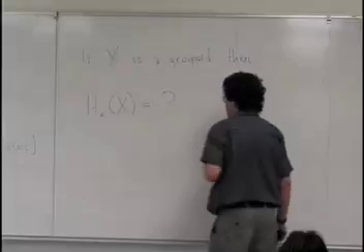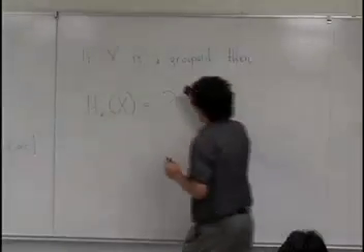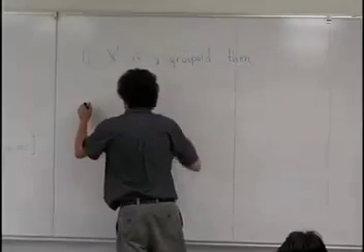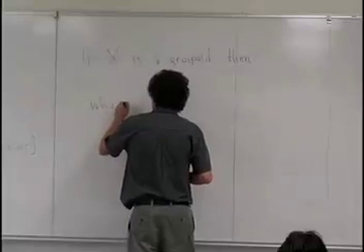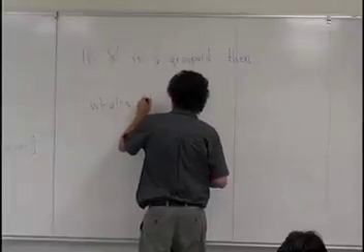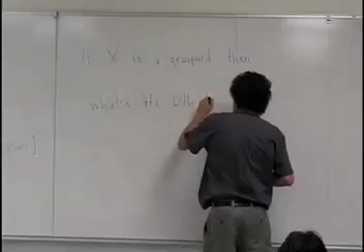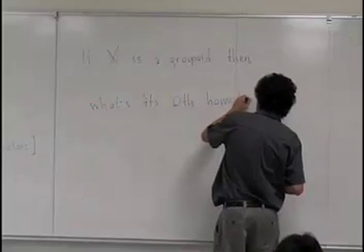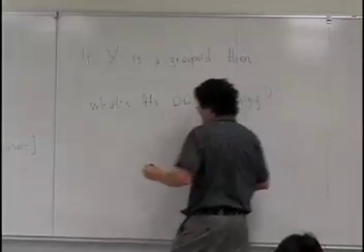So I guess I need to introduce something first. What's the zeroth homology? I just want to introduce a little piece of notation.